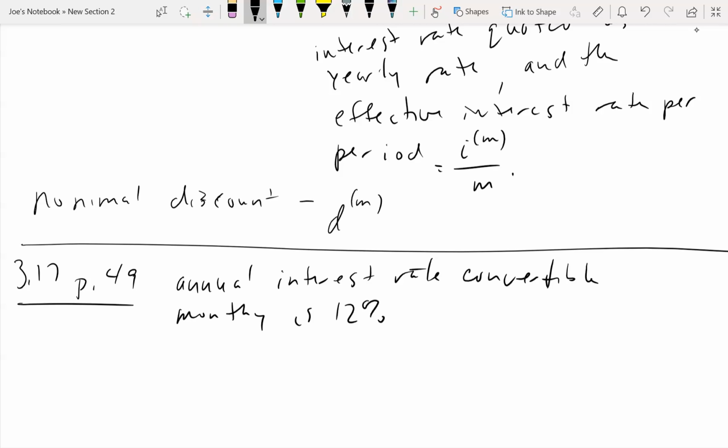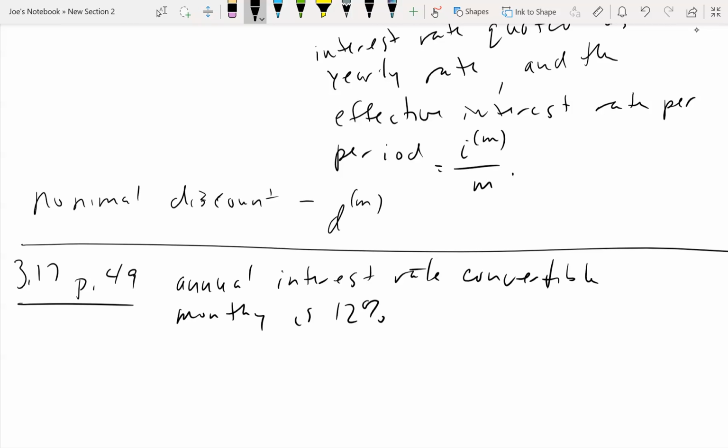The way that you know in this problem that you're given a nominal rate rather than an effective rate is the word convertible. Convertible is synonymous with compounded. That's our key word telling us we've got a quoted nominal rate, not a quoted effective rate. Does that make sense?